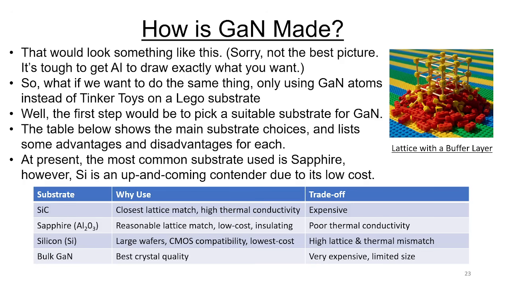Now silicon is an up-and-coming contender due to its low cost, and there's all this infrastructure out there to build silicon substrates. However, silicon has very poor lattice mismatch and thermal mismatch to gallium nitride. So there's a lot of issues in using silicon, but it's really low cost.